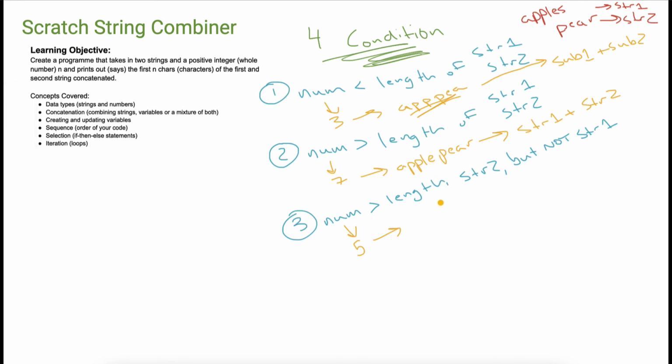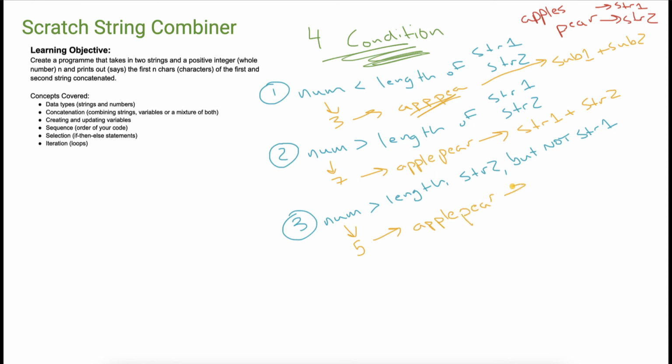The number 5 is greater than the length of string 2, but it's not greater than the length of string 1. If you look here, string 1 is 6 characters long, string 2 is only 4. So because I typed in 5, it's going to return just apple, but then it's going to return all of pear.